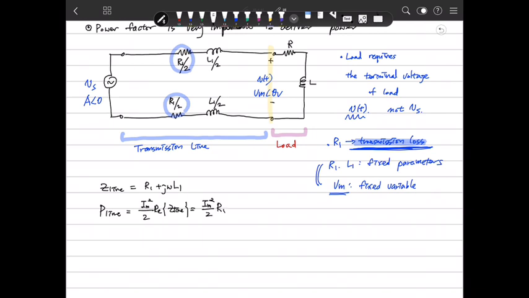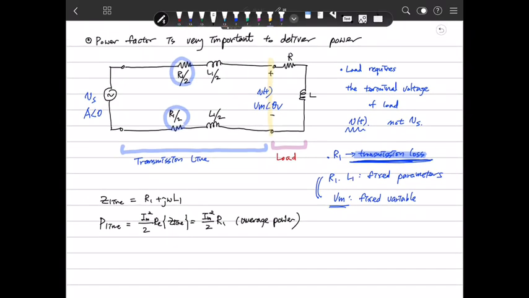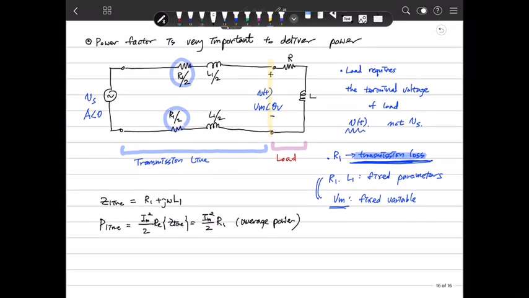This is the average power of the transmission line. Actually, P is contributed. I mean, we said the power loss is P line.